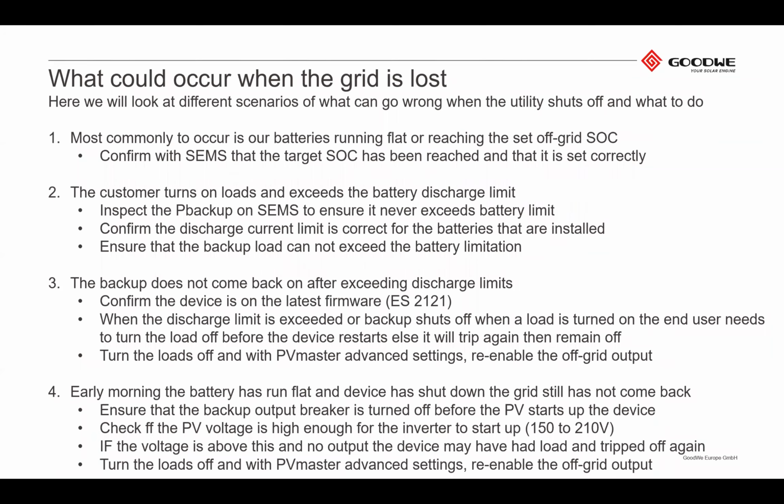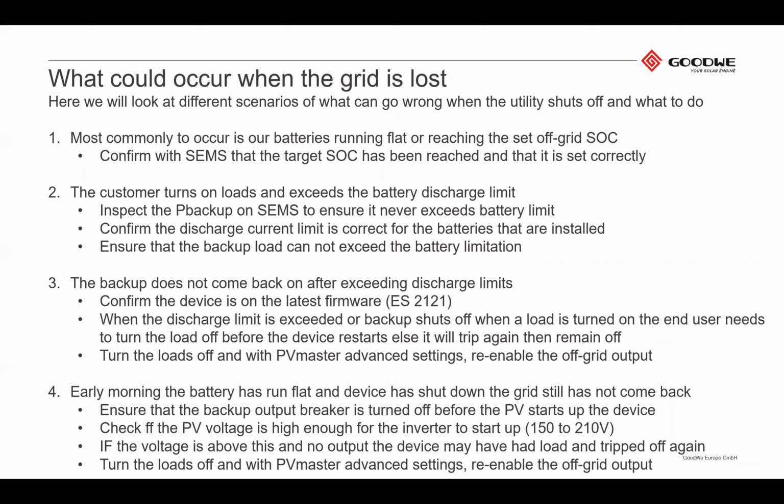So it's essentially a high current draw at startup. As the inverter turns its output on, it draws the DC bus too quickly and the device shuts down. Then it will not restart itself, because it's seen it as a critical error. So it's very important for the customers to make sure that those loads are switched off. Then the inverter will restart itself.